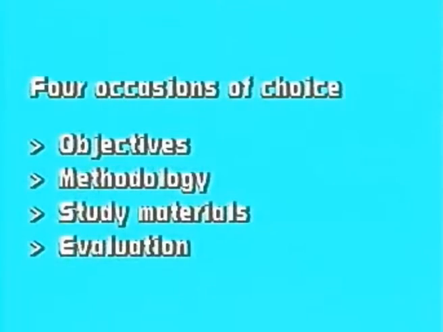In other words, there are these 4 fundamental curricular elements: the objectives of learning, the methodology to be used to achieve those objectives, the study materials that one may use to achieve those objectives through the methodology decided, and also the evaluation schemes. All this is to be done by the learner himself. And if a learner does that, we say that the learner is autonomous.